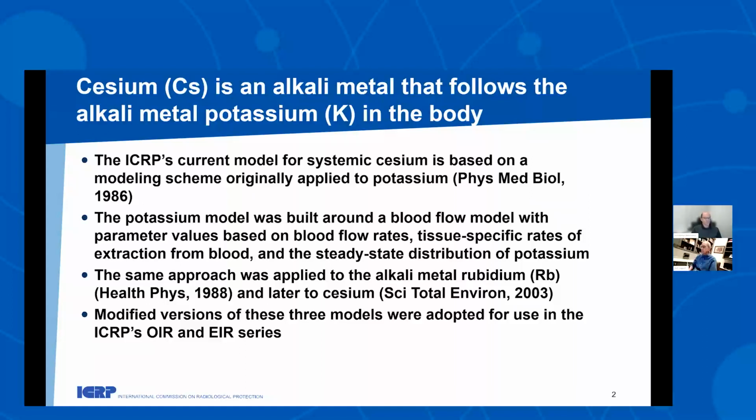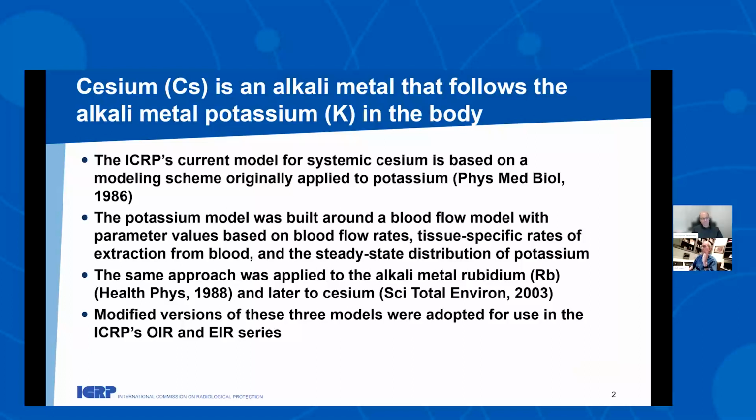The potassium model was built around a blood flow model with parameter values based on blood flow rates, tissue-specific rates of extraction from blood, and a steady state distribution of potassium. The same approach was applied to the alkali metal rubidium a couple of years later, and rubidium is a very close analog, both chemical and physiological, of potassium.